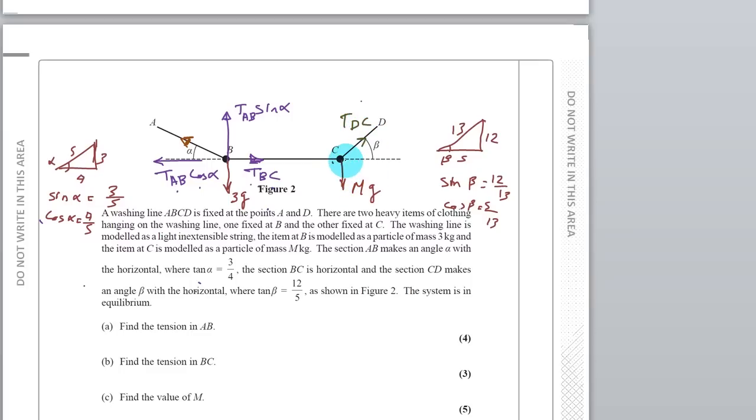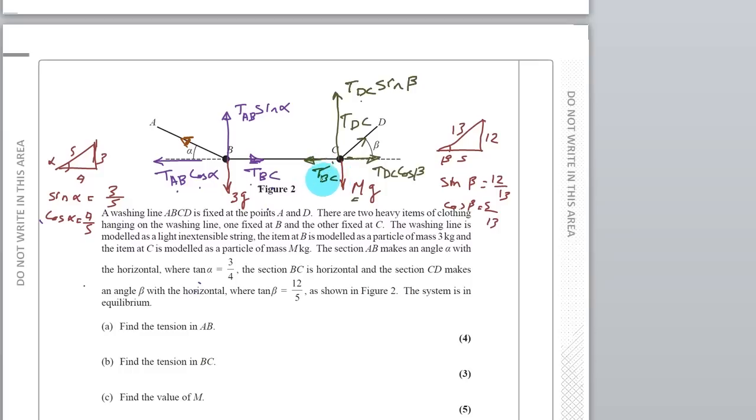This force can be divided here: T_DC cosine beta, and T_DC sine beta going up here. You need M. So we need to find first T_CD. And of course we have here the tension T_BC.